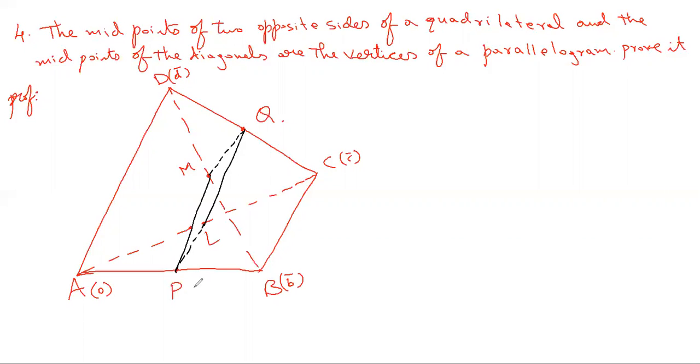So automatically you'll get P as B bar by 2 and Q as C bar plus D bar by 2. Q is basically AQ. And now you get M, also the midpoint of B and D, so B bar plus D bar by 2. And L is the midpoint of AC, this is C bar by 2.